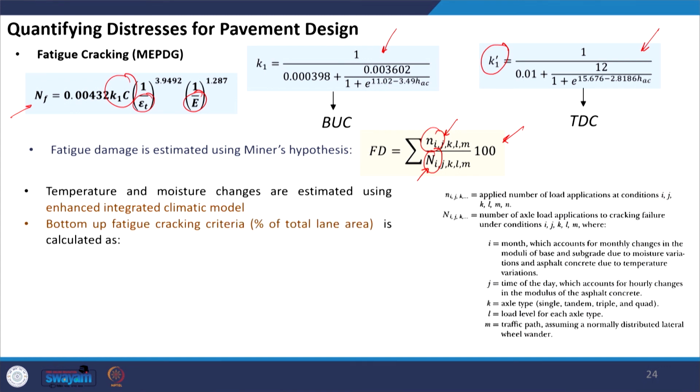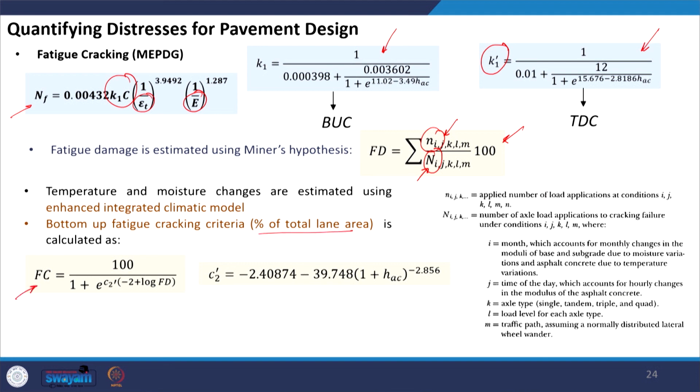Then the bottom up fatigue cracking criterion is calculated as this. If you want to know for the pavement you are designing what will be the fatigue cracking as a percent of total lane area, this equation can be used, alright, where Fd is the fatigue damage you calculated from the Miner's equation.